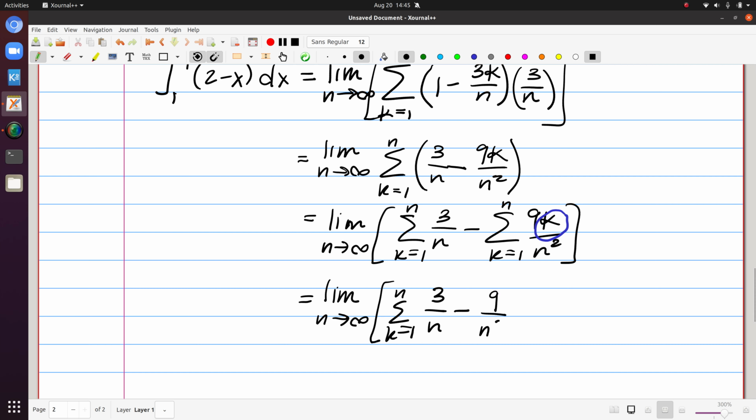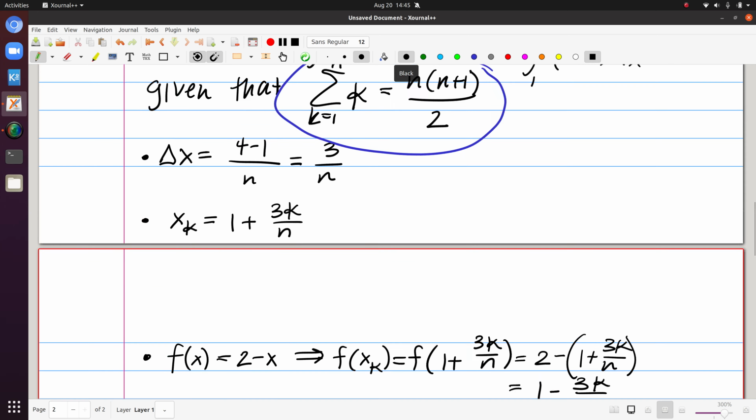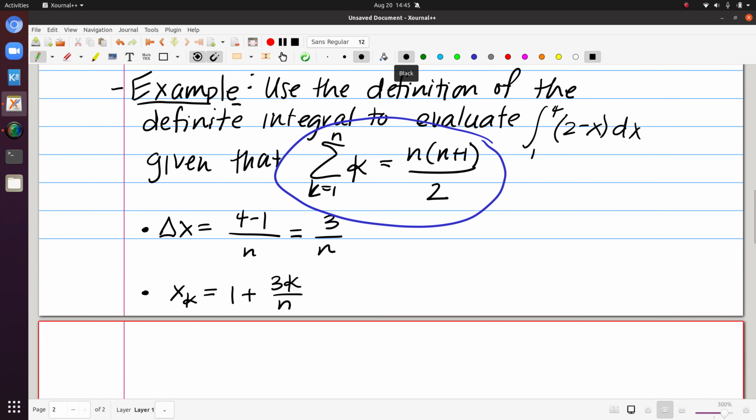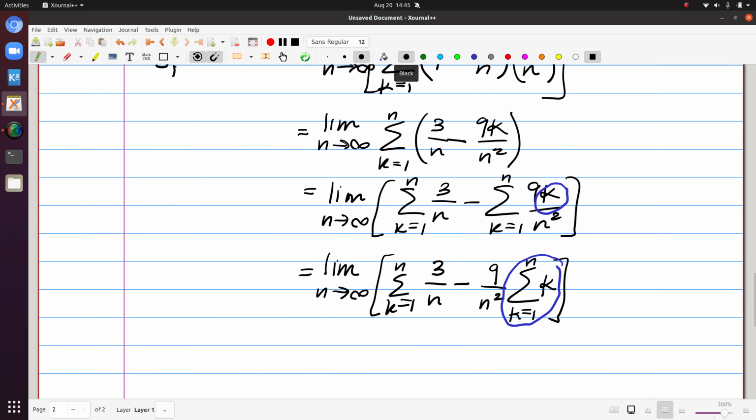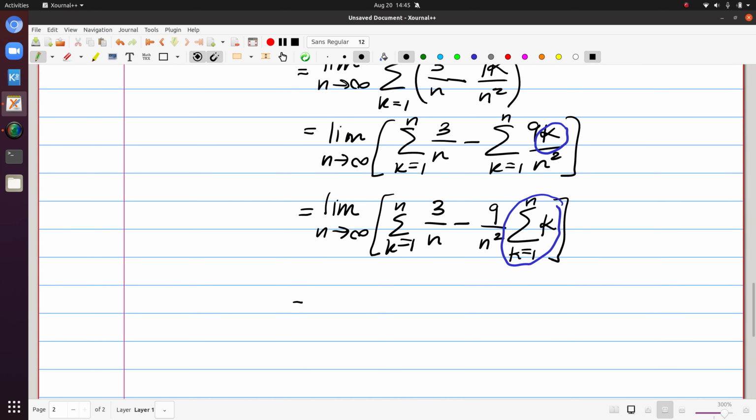So I can bring that as a multiplier outside of the summation. Importantly, I cannot take it outside of the limit because the limit is dependent on n. So all of those things must stay inside of the limit expression. But now, this thing here is exactly the given formula in the beginning of the problem. So I can replace that with n times n plus 1 over 2 when I'm trying to evaluate this limit.